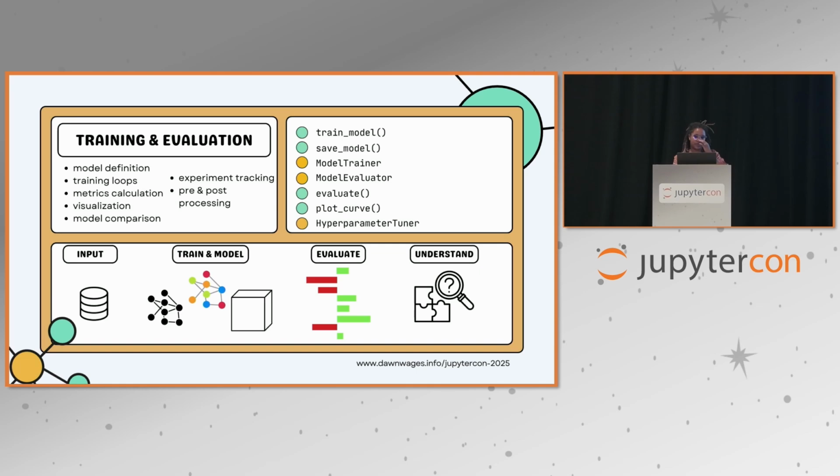Next, we're talking about training and evaluation. Again, the methods are in green and the classes in yellow, and these are all examples just to give you some ideas on how to separate your code and what you can actually build from them. For example, you could have a modeling file, and I can import my model trainer, my model evaluator or cross-validator, hyperparameter tuner, or experiment tracker.